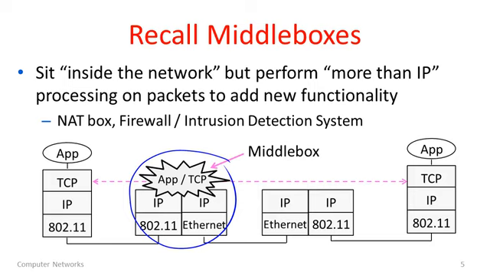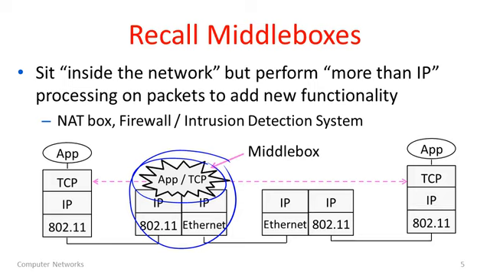Yet, unlike a real router, it's performing processing at higher than the IP layer. It shouldn't be, because it has no clean way, according to our layering model, to operate beyond the IP layer. But it just does, because it's a convenient way to add new functionality that couldn't easily be added otherwise.